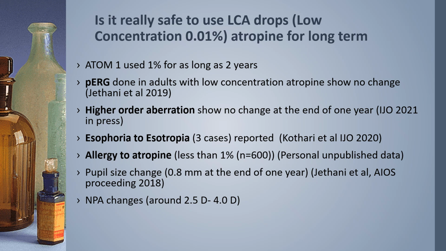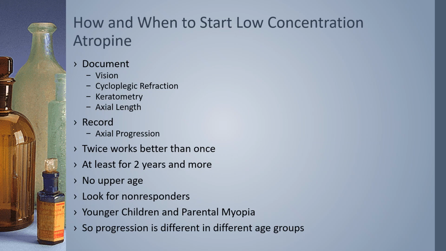Pupil size change in that particular work which we did for 3 years was 0.8 millimeter at the end of 1 year. We also have data on pupil size. It is not really significant, and near point of accommodation also does not change much, at least with 0.01%. With 0.05%, yes, it does make a lot of difference, at least in some of the patients.